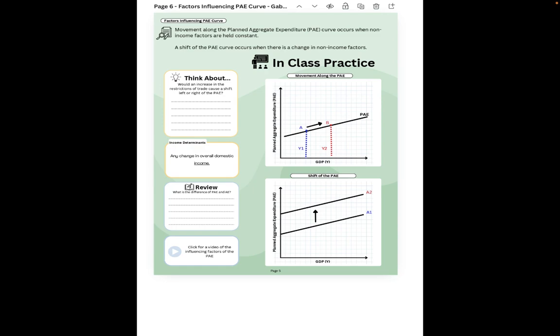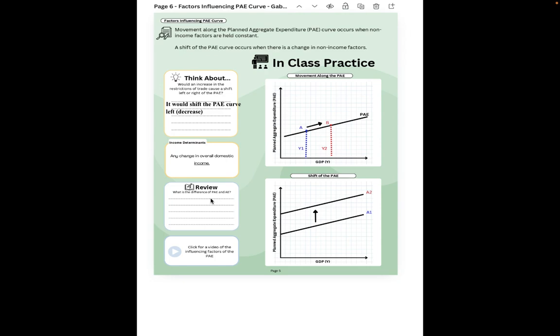So, an increase in the restrictions of trade would cause a shift left of the PAE curve and cause the PAE curve to decrease. This is because restrictions on trade would cause net exports to decrease even further because people wouldn't import or export anything, and it would cause the overall GDP to go down. So it would shift the curve left. Income determinants are any change in overall domestic income, but those are income only.